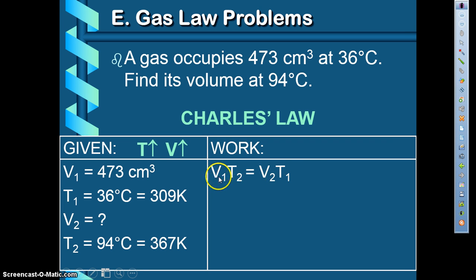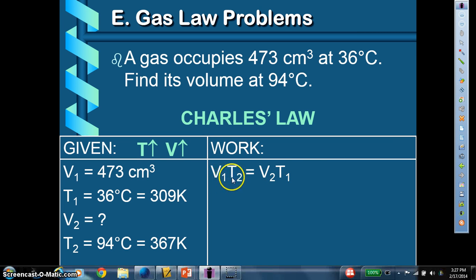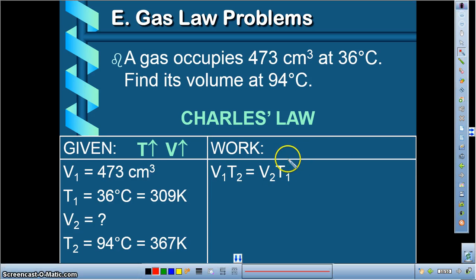So our relationship is volume 1 times temperature 2 equals volume 2 times temperature 1. Now this is how this PowerPoint shows the distinction for you, but I want to show you a different way to look at it just because it's going to make a whole lot more sense in the lecture for tomorrow. The way we look at this is actually volume 1 over temperature 1 equals volume 2 over temperature 2.